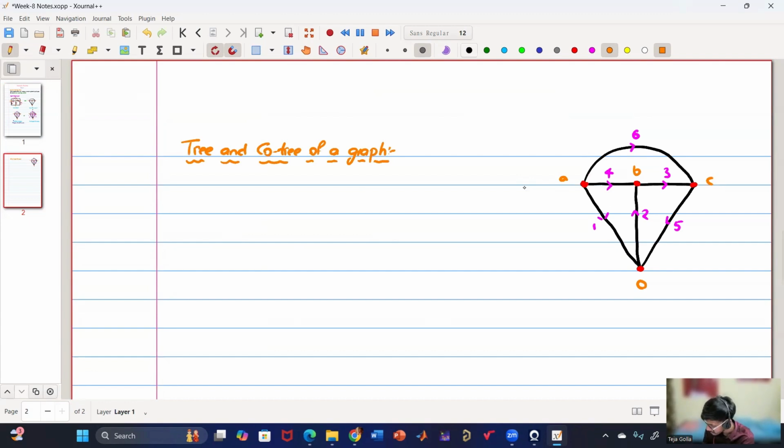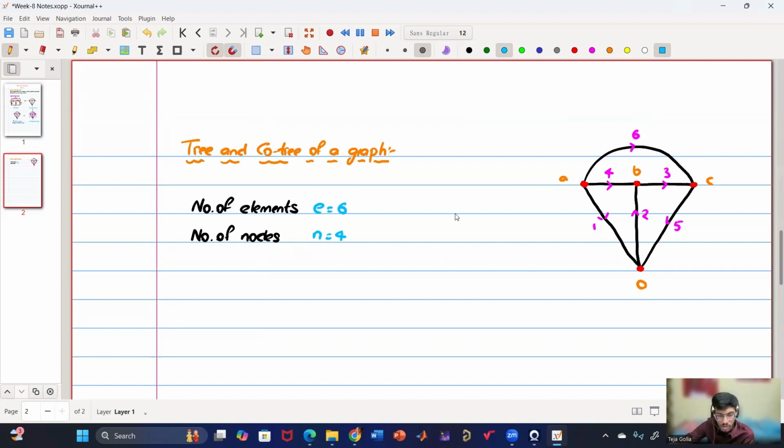Elements are like the branches. How many elements are there in this circuit? 6 elements. And how many nodes? 4 nodes. Yes, very good.